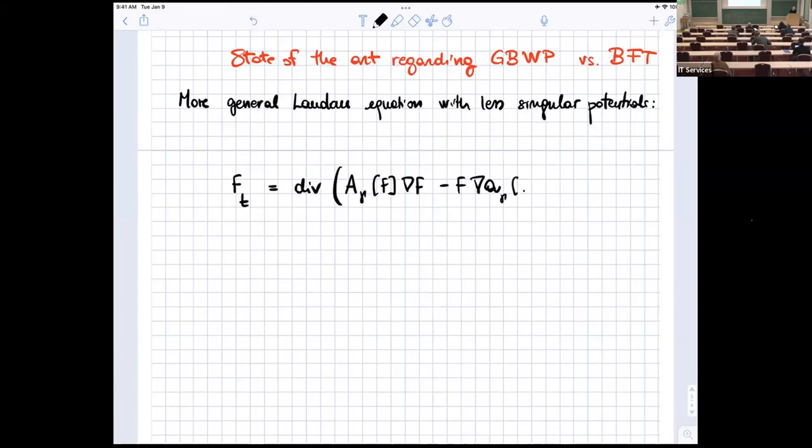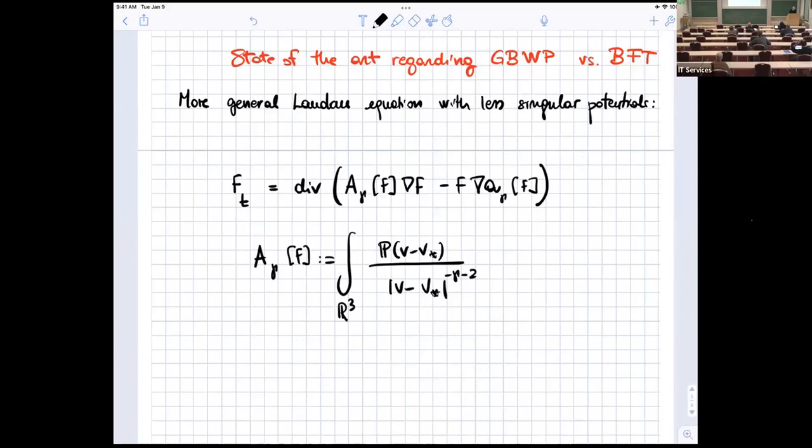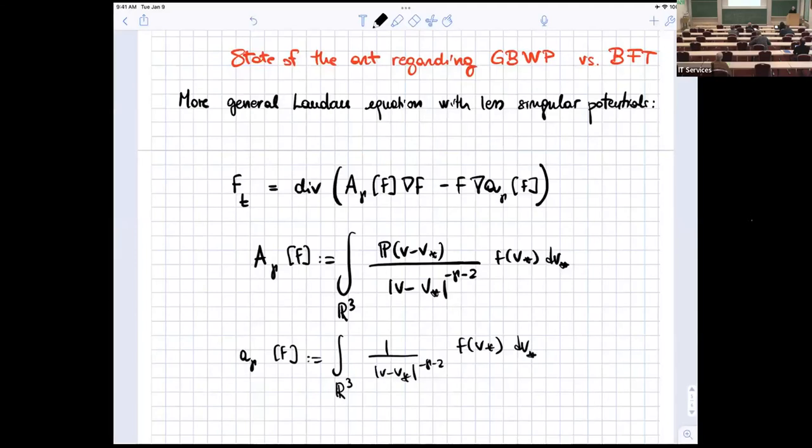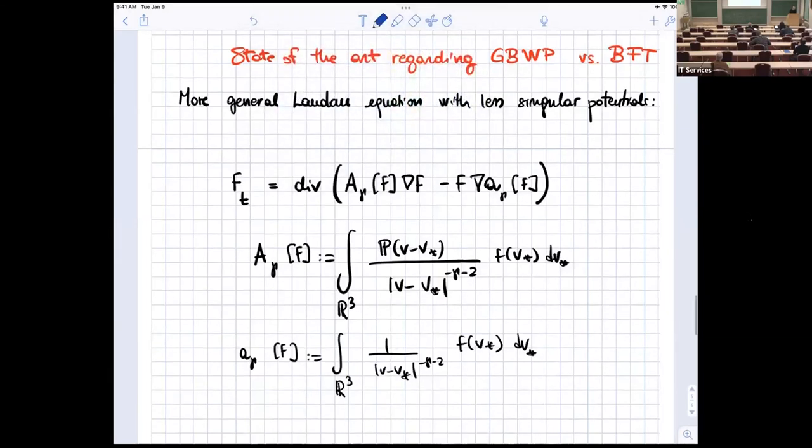So I'm going to use exactly the same structure, but now A sub gamma of f is defined as this projection matrix over V minus V star, but now with a power here, gamma minus 2, times f of V star dV star, and little a gamma of f is 1 over V minus V star to the minus gamma minus 2, f of V star dV star, and gamma is a constant greater than -3 and less than 0.